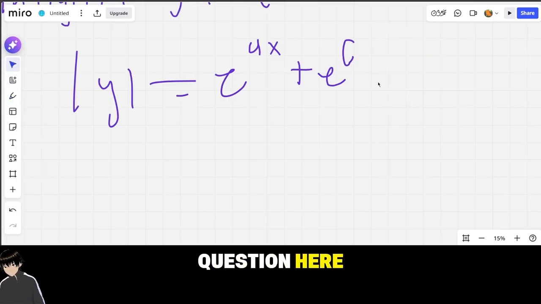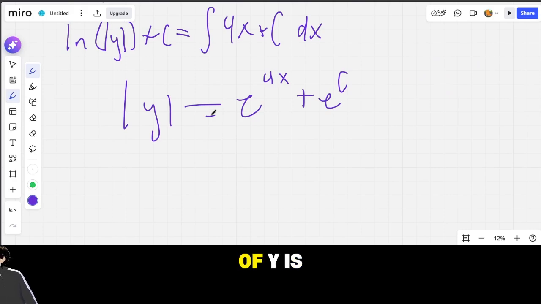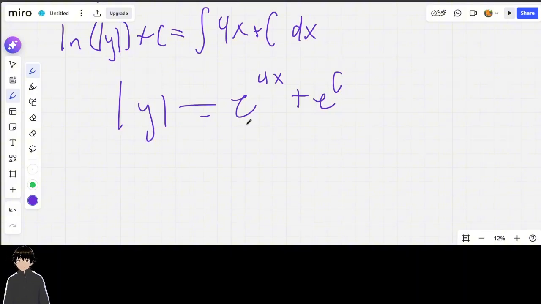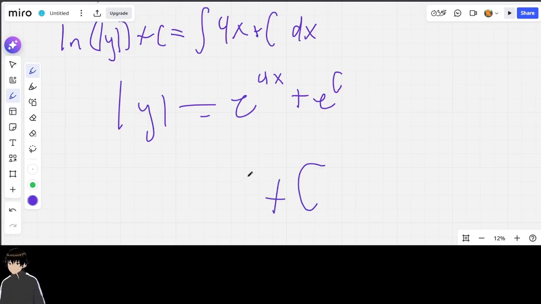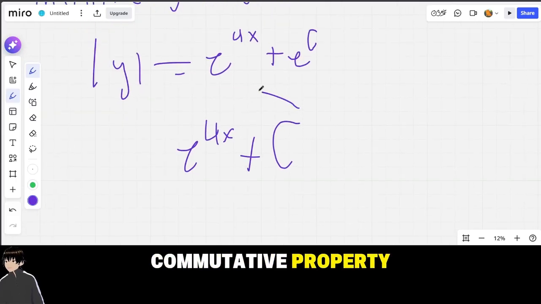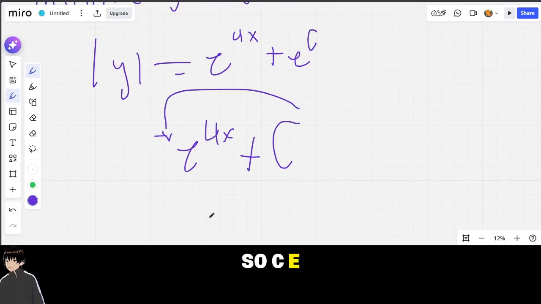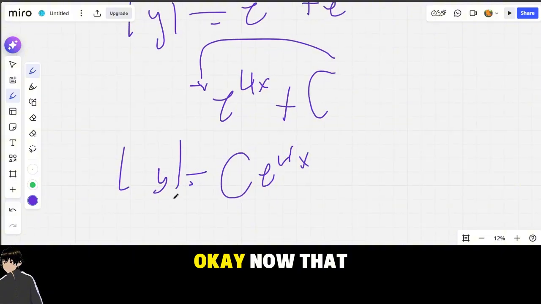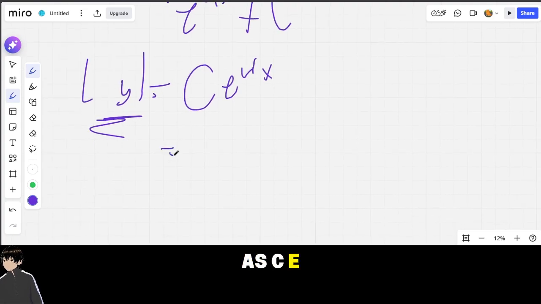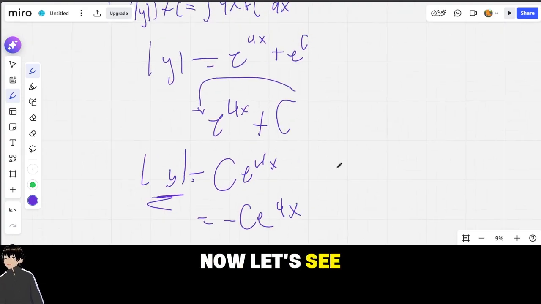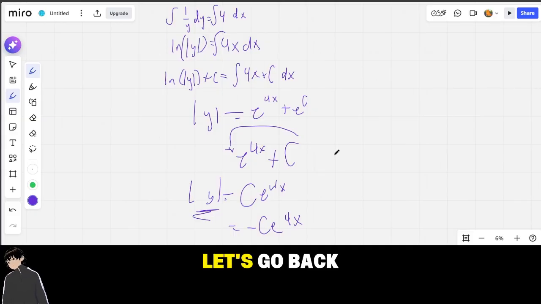Using the commutative property, we have C e^4x, and since we have the absolute value of y, we treat this as plus or minus C e^4x.